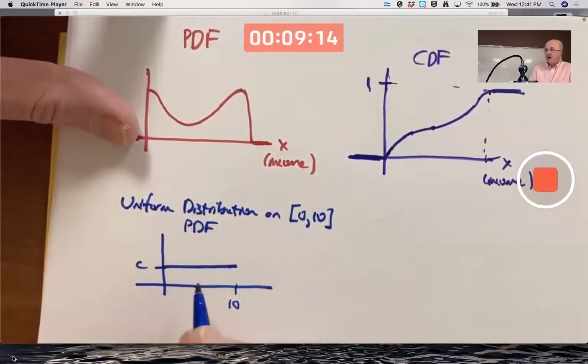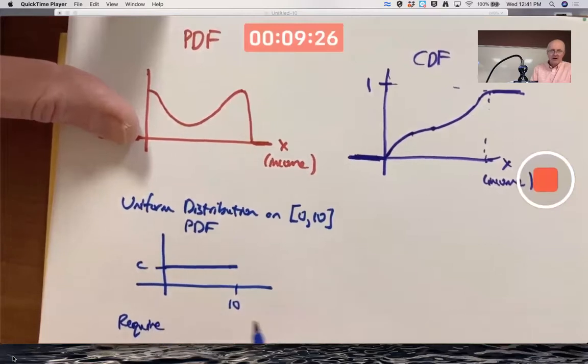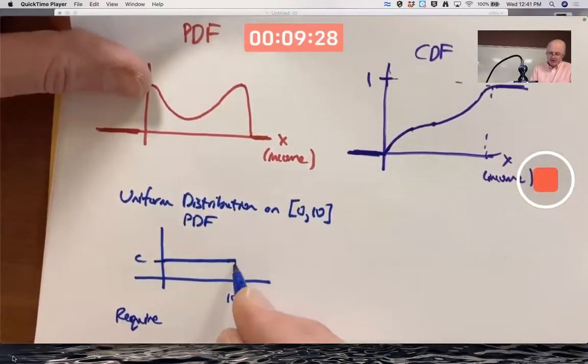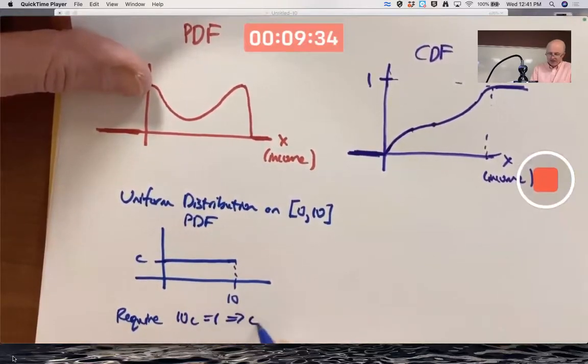Meaning the area under the graph of the PDF, which gives you all the data, must equal 1. We require the area under that graph, which is the area of a rectangle, to equal 1. 10 times C, base times height, must equal 1. So C must be 1/10, or 0.1.